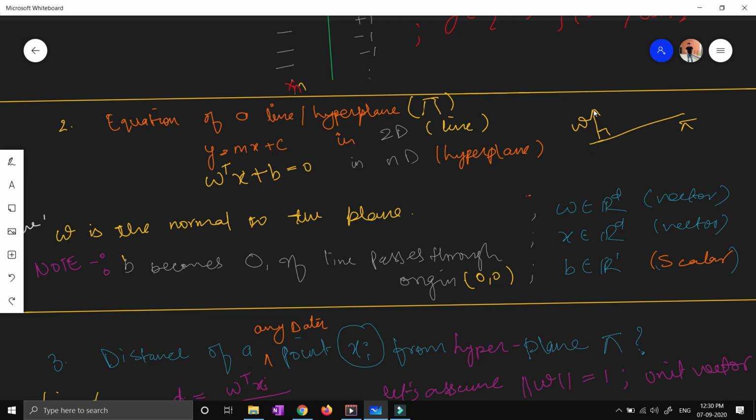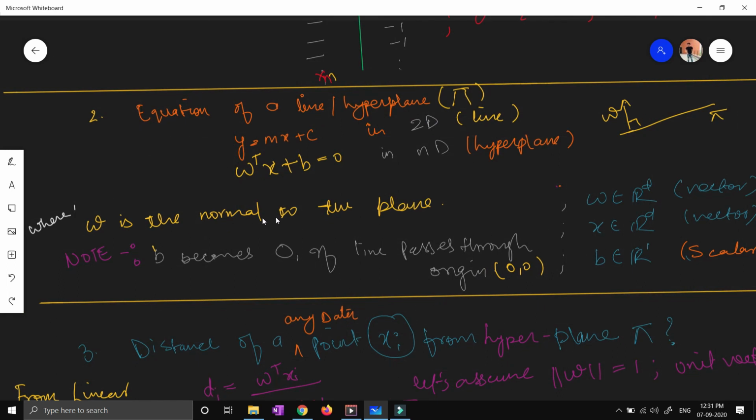You can see that this is the line, and w is the normal to the line. Our line, or hyperplane, we call pi. Whenever I say line, I mean pi, and the normal to the plane or line is w. Always remember that. Now b becomes 0 if the line passes through the origin.